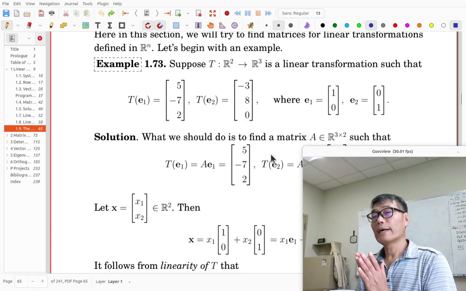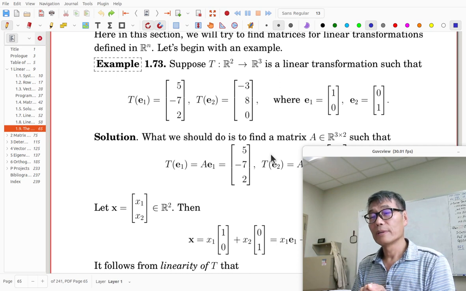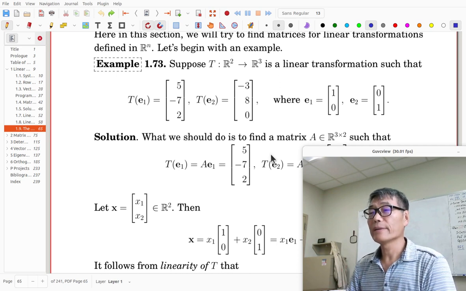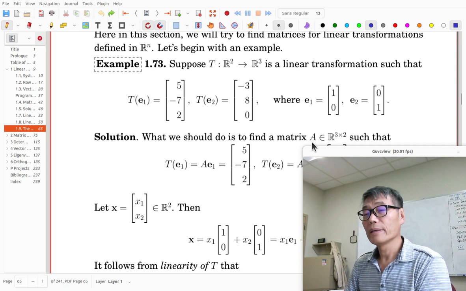And for this linear transformation, what we have to do is to find a matrix A such that these two are satisfied.